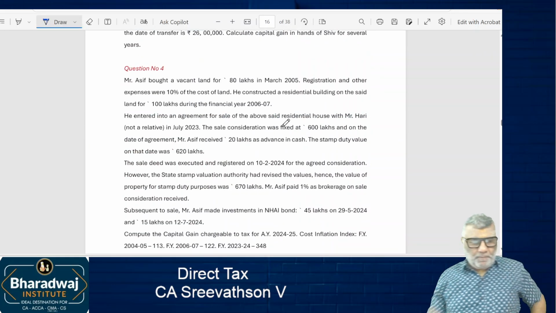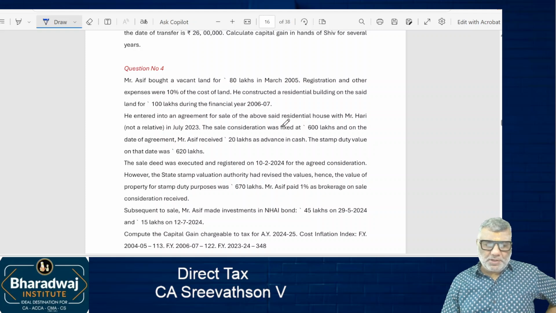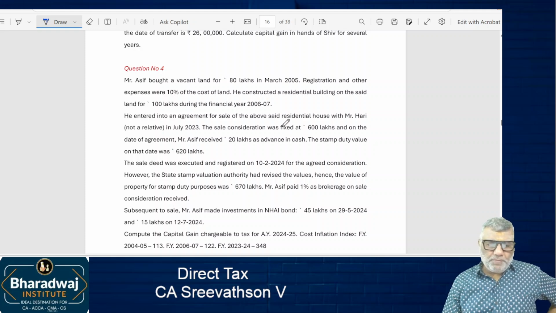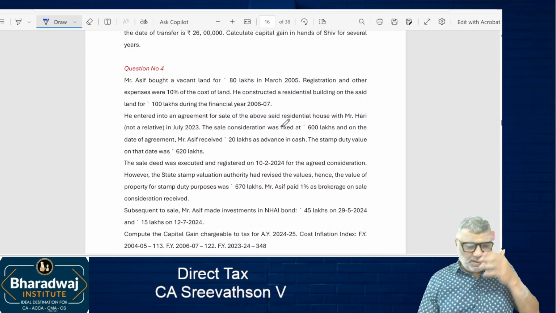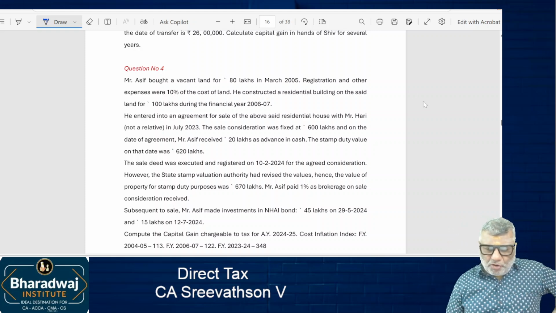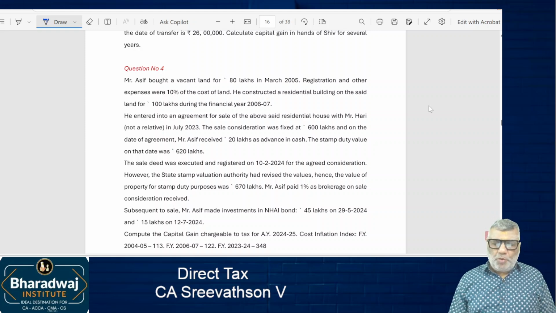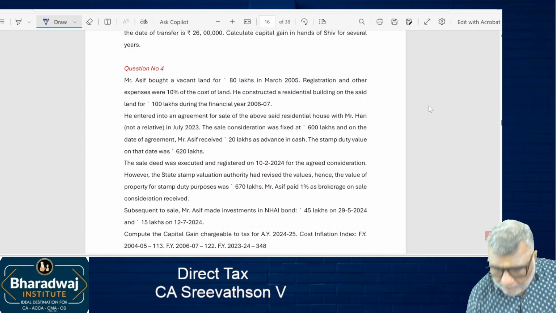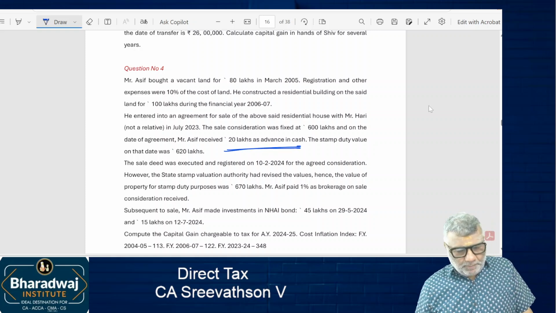Question number 4. Asif purchased a vacant land, registration and other expenses 10%, constructed a house in 6-7. That was in 5-6. This is 4-5. This is in 6-7. He entered into an agreement for sale of the above house with Mr. Hari. Asif received 20 lakhs as advance in cash. The stamp duty value on that date 6/20.